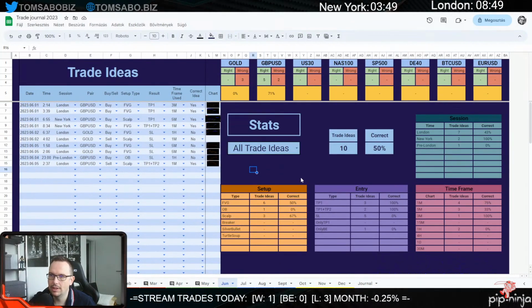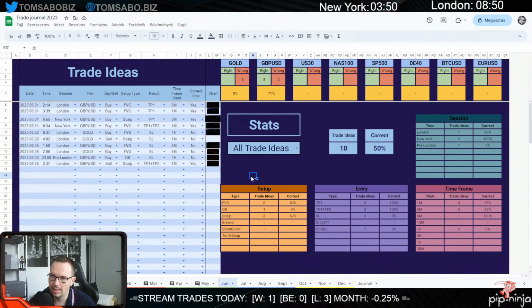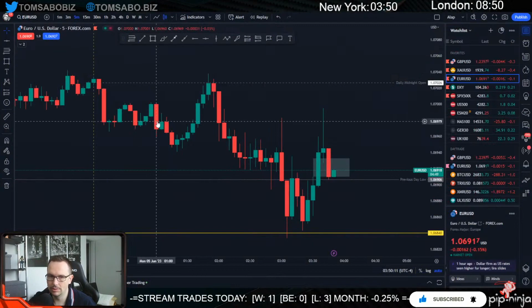I'm logging everything on stream, so all these trades are going to be transparent. I want to be transparent with you guys, and everything is going to be logged here on stream. I'm not going to take trades offline and log them. I'm logging every trade here, which I think is a very good thing to do.